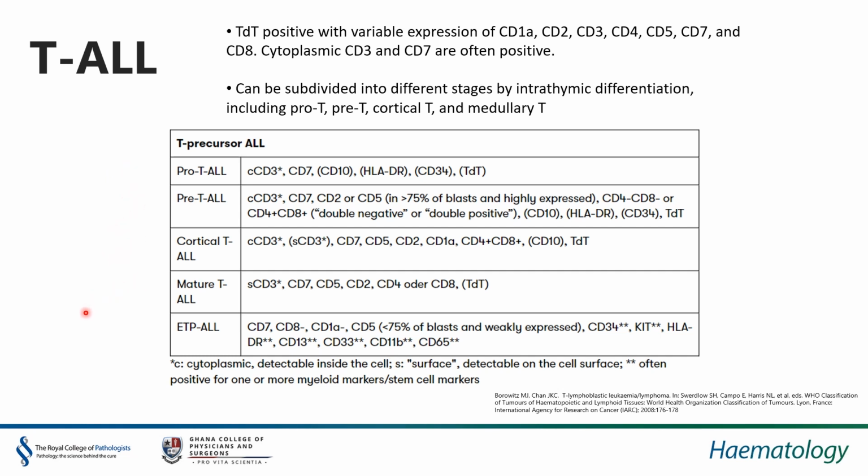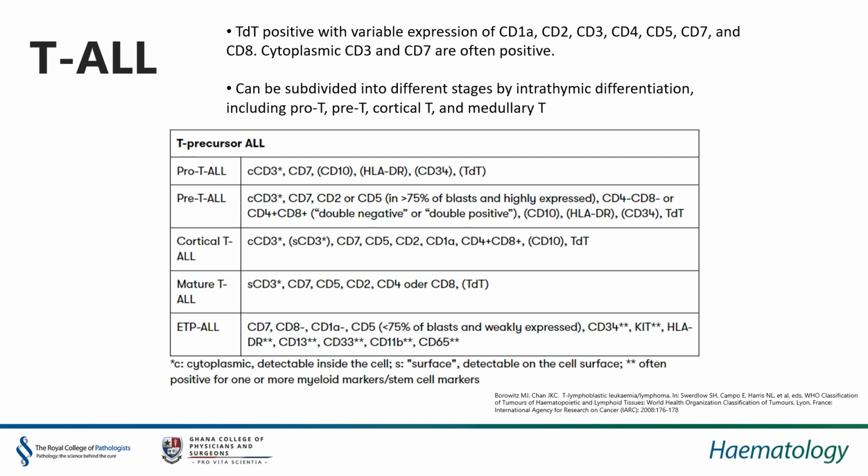So what we like to see is TDT positivity, with quite variable expression of CD1a, 2, 3, 4, 5, 8. We like to see cytoplasmic CD3 and CD7, an overexpression of CD7. And like I said, these can be subdivided into different stages by intrathymic differentiation. It's a good read to have a look at the Mike Borowitz paper that was published in 2008, and the reference is there for you to go away and read.